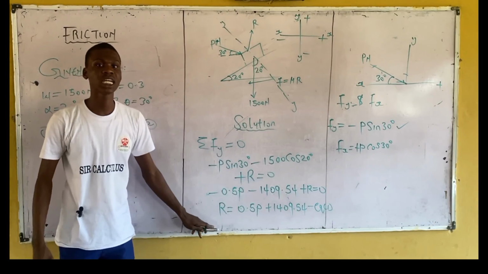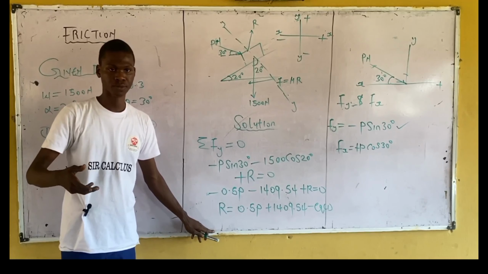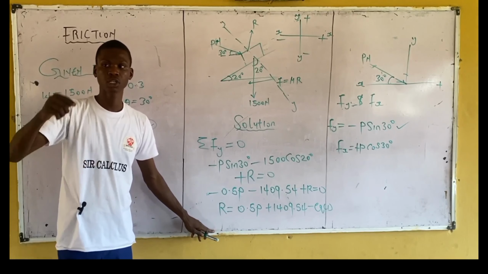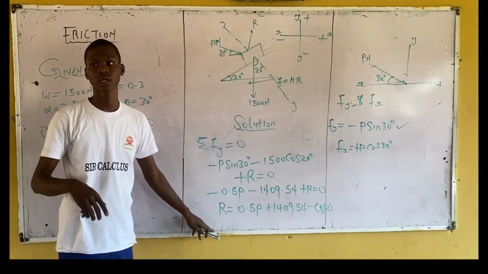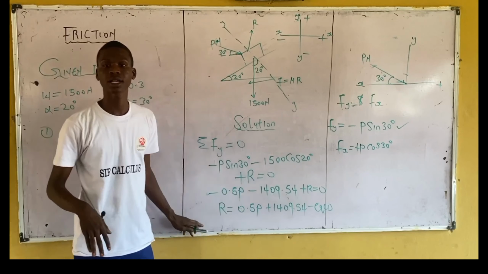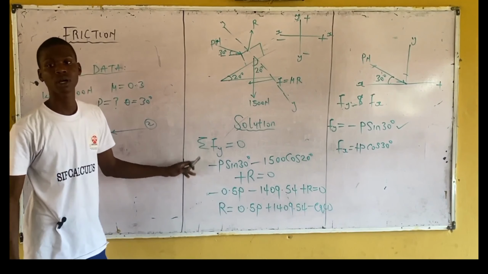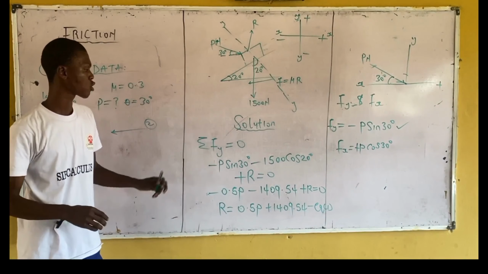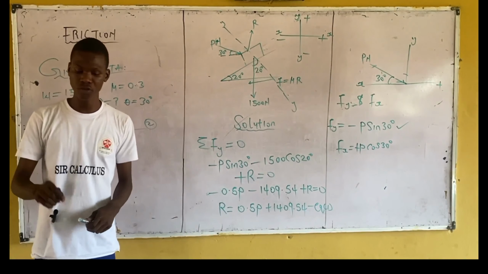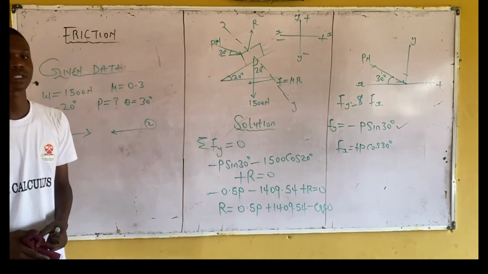So what you just did here is derive an expression for your normal reaction. By the time I know the value of P, you can get the normal reaction. You get? So this is just for the vertical component. Now let's solve for the horizontal component.